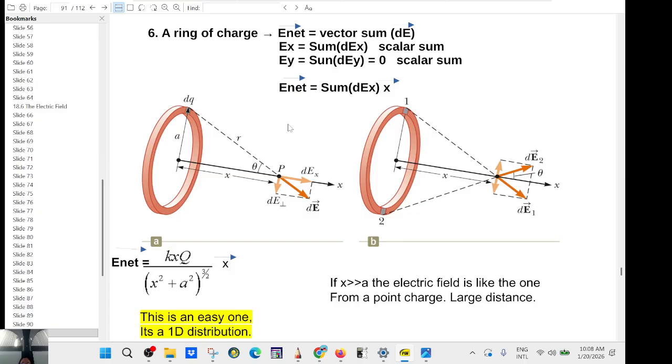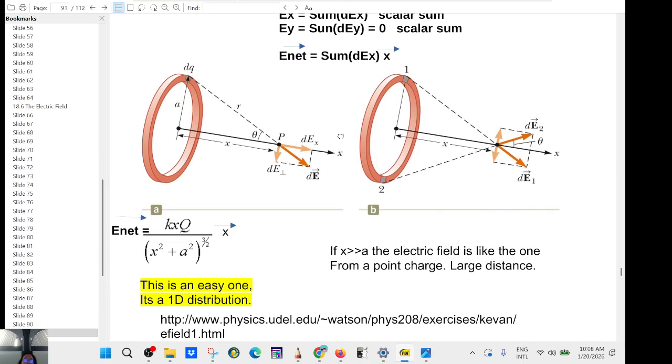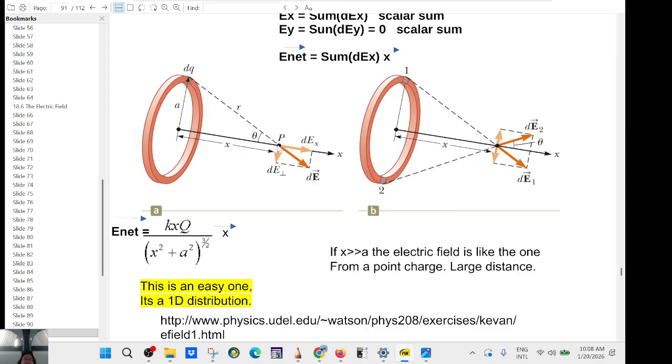Also very nice, very famous: how do we find the electric field at a point P from a distribution that looks like a ring? So this is a ring and it is charged. Let's say it's a conductor, you charge it, it's positively charged.